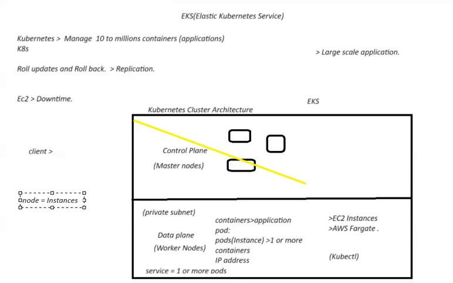In services, we have three types. The first one is cluster IP. If you create a service for cluster IP, it will provide you an IP address that is accessible within this cluster only, right?